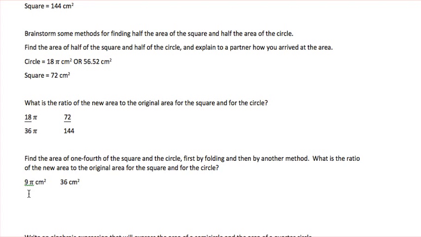And the ratio of the new area to the original area would be 9 pi to 36 pi, again square centimeters, and 36 to 144, which is again square centimeters.